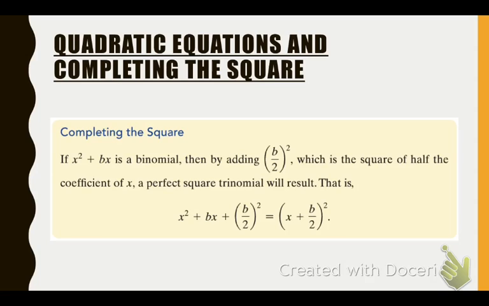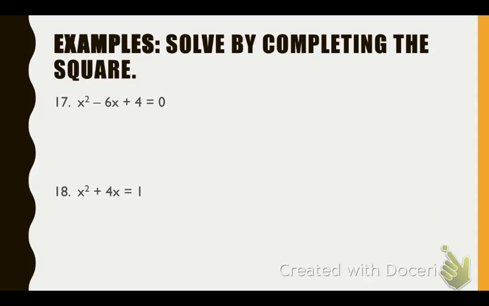I would say completing the square is going to be more beneficial whenever you're trying to graph a quadratic, probably more than when you're trying to solve it. It works just as well, but it's probably a little bit more beneficial whenever you're trying to graph it and not always whenever you're trying to solve.